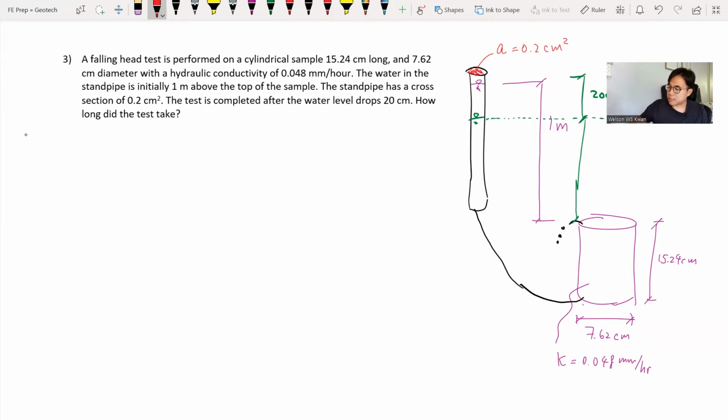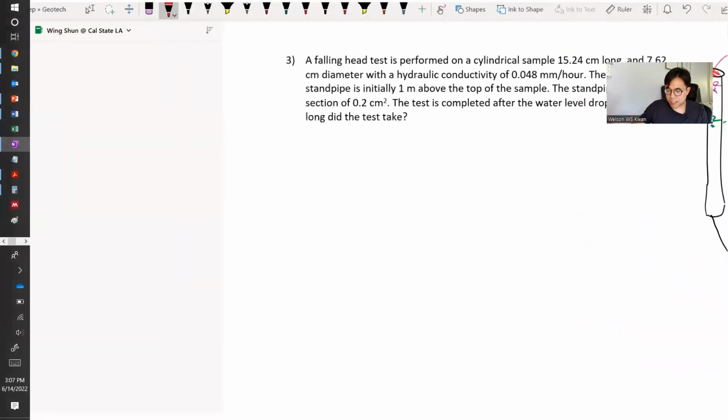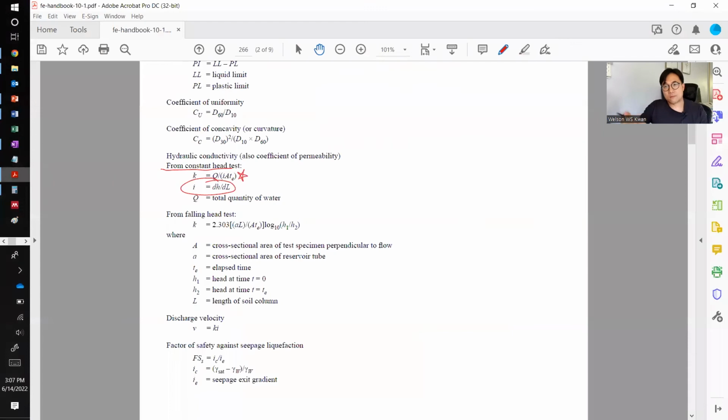So how long it takes for the water level to drop by 20 centimeters, given the soil specimen dimensions and also the hydraulic conductivity. So since this is a falling head test, during your FE exams, you have your FE manual, and it's always good that you identify what equations help you for your FE test. So for the falling head test, we consider this formula here.